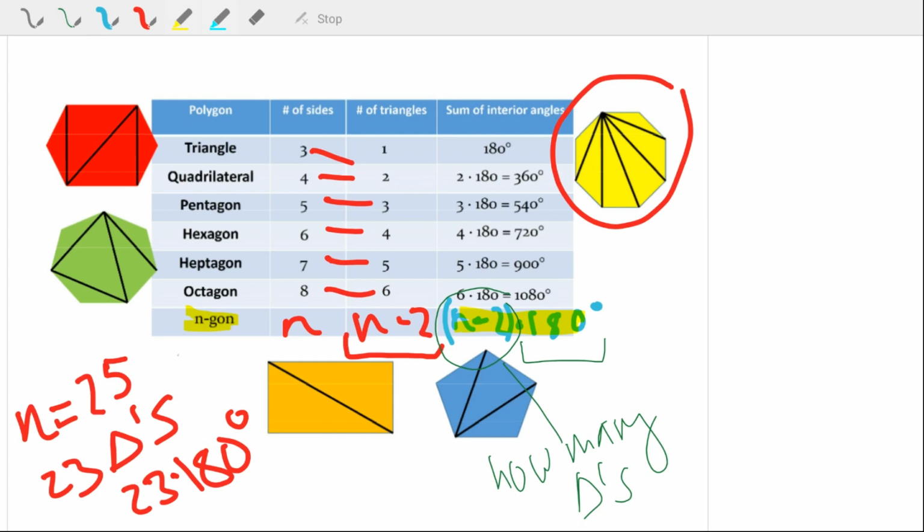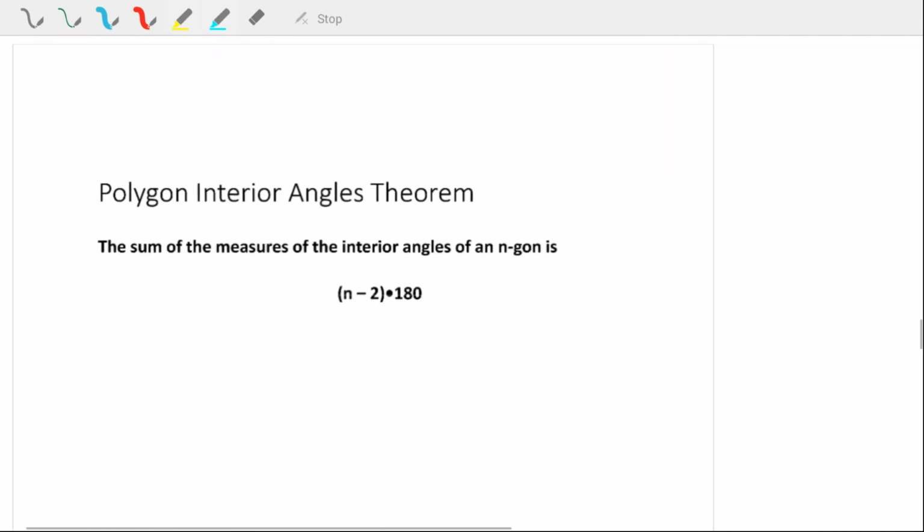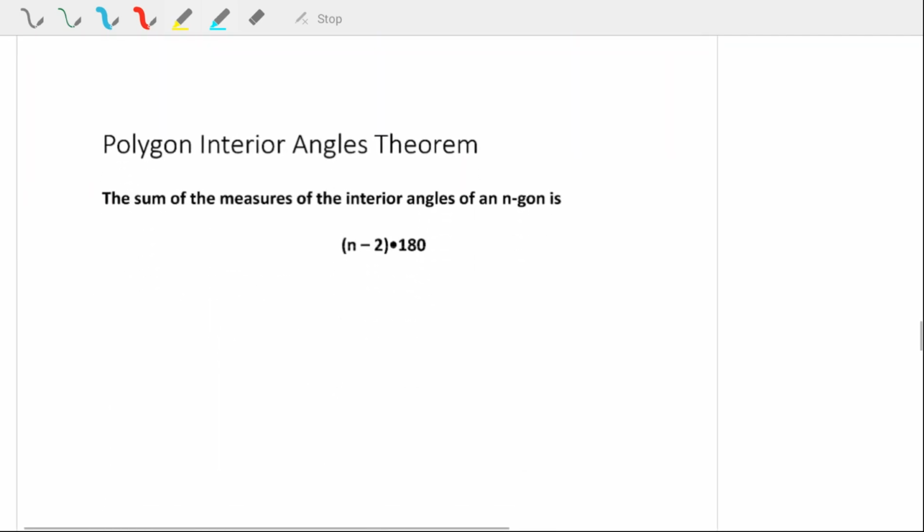So let's think about how to apply this equation, okay? You have to understand, this is going to tell us the sum of all the interior angles of any polygon, which is really, really nice. We can check it with a really easy example, right?